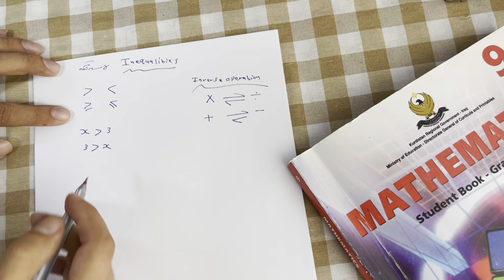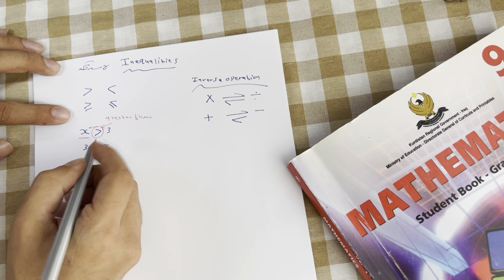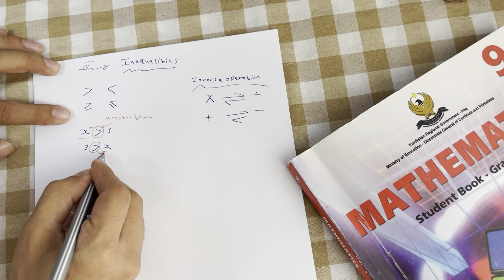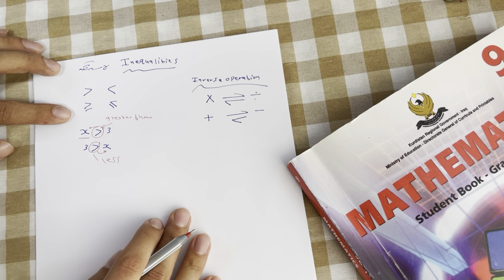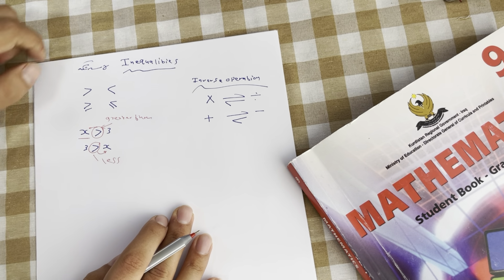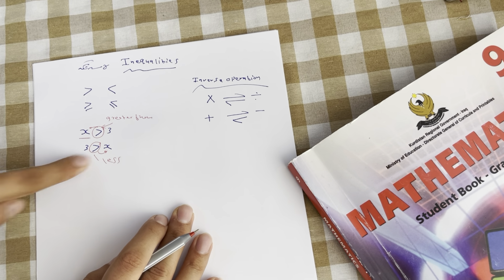Because the variable is here, the sign is greater with the variable, so I can say this is greater than. But because according to the variable this is less, we can say this is less than the variable.